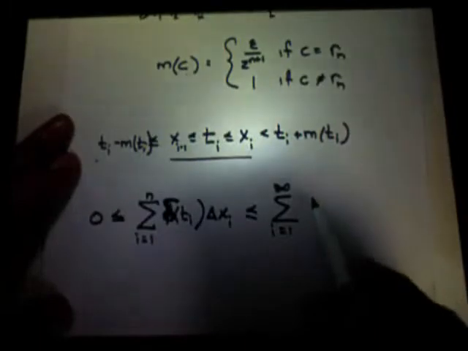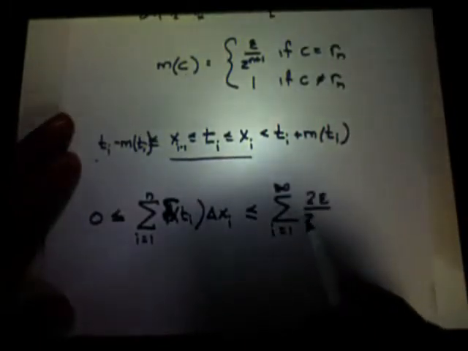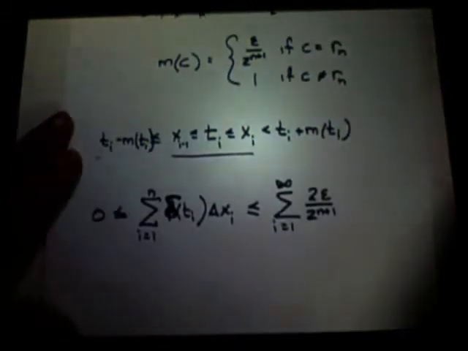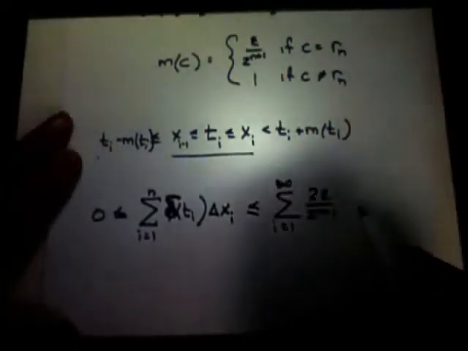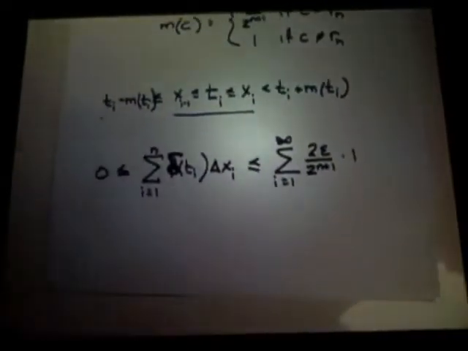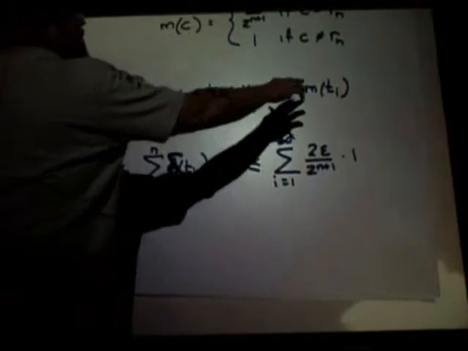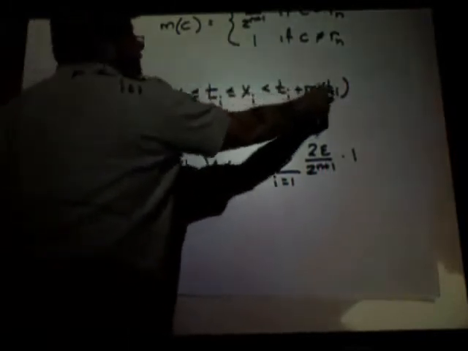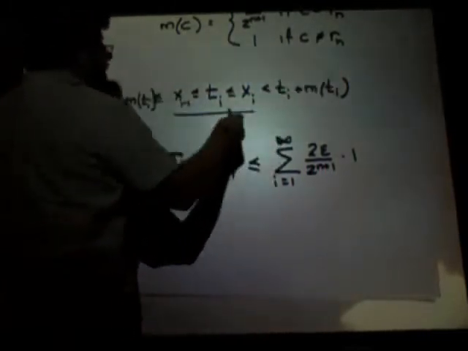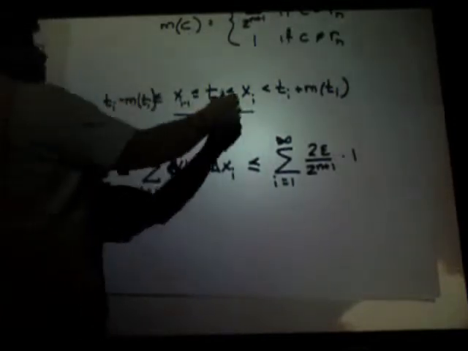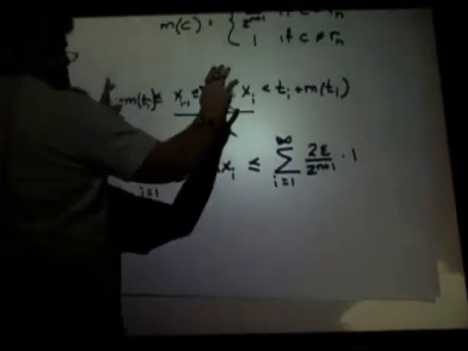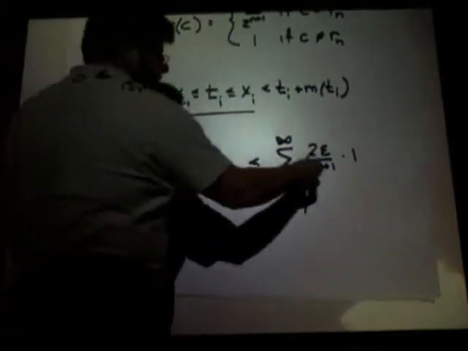So if I put in twice epsilon over 2 to the n plus 1 times 1, I claim that inequality is true. Is there any doubt about it? I go up and down by epsilon over 2 to the n plus 1. So that's a rational plus that, same rational minus that. So the width from here to here is never any greater than twice that, right?